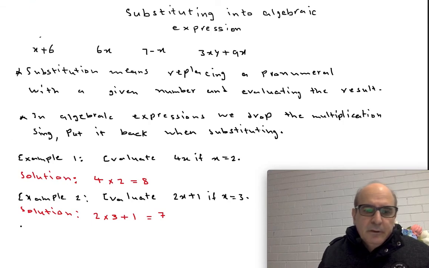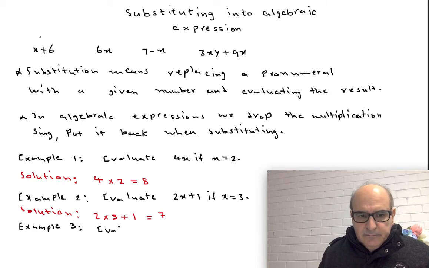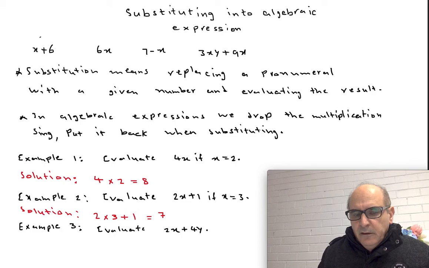Another example. This time I'm going to have two pronumerals. Evaluate 2x plus 4y minus 1 if x is 1 and y is 3.